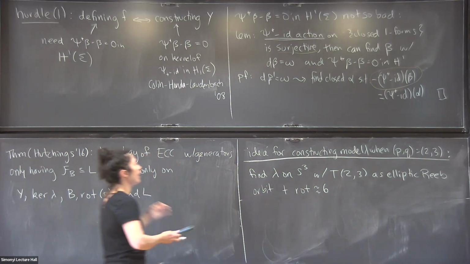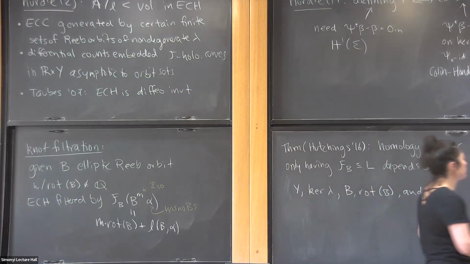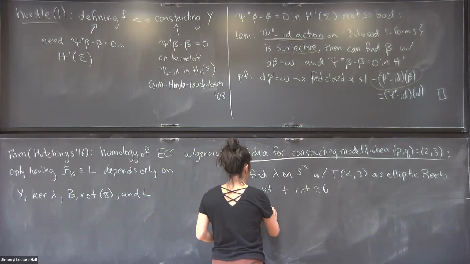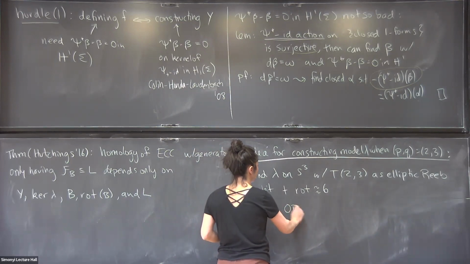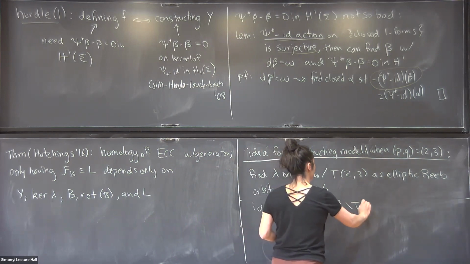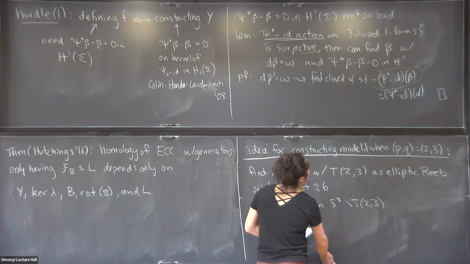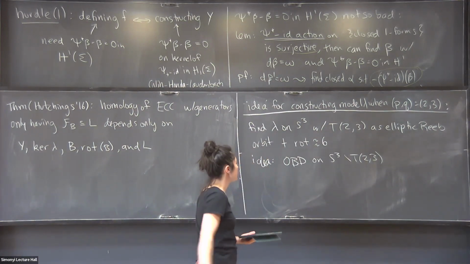So I had my whole construction, which I have written over here. The idea is there is an open book decomposition on S3 with T(2,3) as the binding, and it's got some pages.